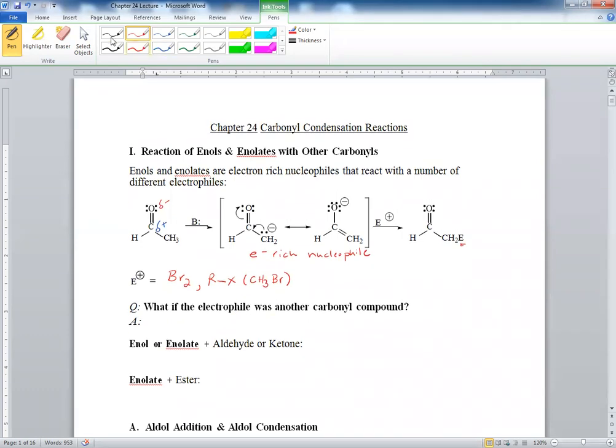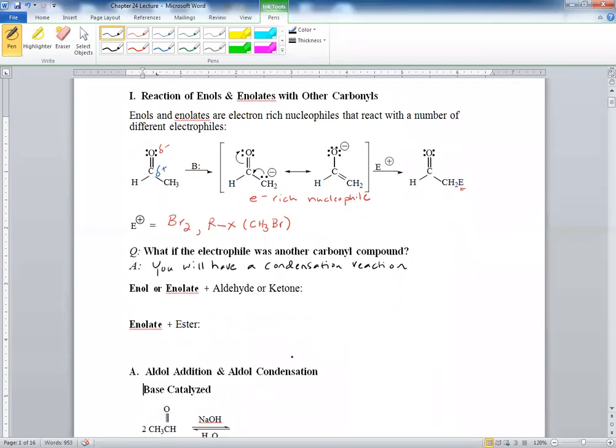So the question is, what if the electrophile was another carbonyl compound? The answer is you have what we call a condensation reaction. Remember, when you have an enolate reacting with a carbonyl, in a sense they are both carbonyls, you will have a condensation. You're adding them together.